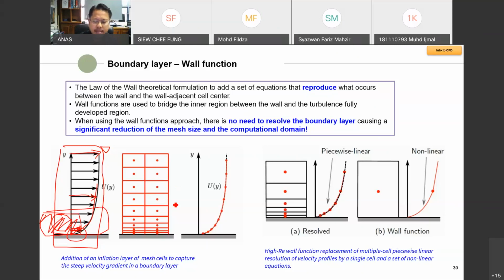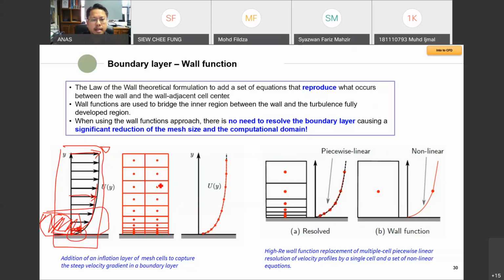Previously, when we discussed mesh, we understood that if we have an area of interest, we have to make our mesh more refined in that particular region so that the simulation can produce a more accurate result, with a smaller mesh.